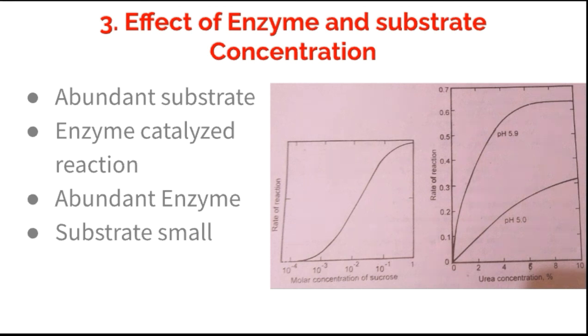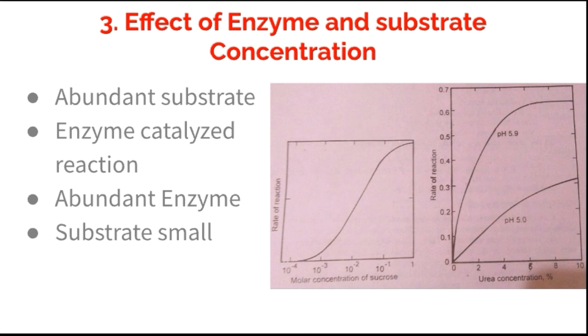In the first figure, with the molar concentration of sucrose, the rate of reaction increases in the form of a sigmoid shaped graph. Another graph shows that the rate of an enzyme catalyzed reaction is proportional to the concentration of the enzyme. In the urea concentration you have seen that abundant substrate is present, so the rate is proportional to enzyme concentration.